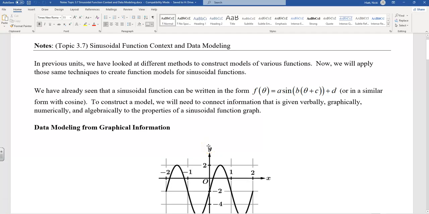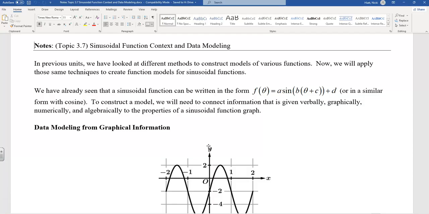So we are going to look at data modeling today. In a way, we've almost been data modeling already, because we just haven't been doing anything in the context of a situation. We have looked at fitting a graph that had the right amplitude, period, midline, all of those things.